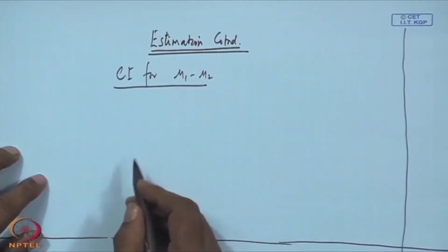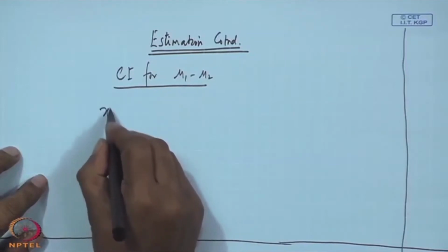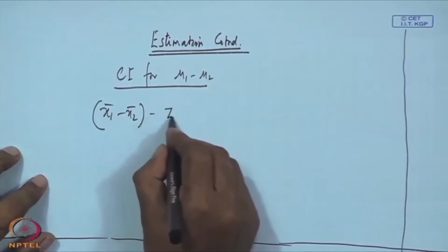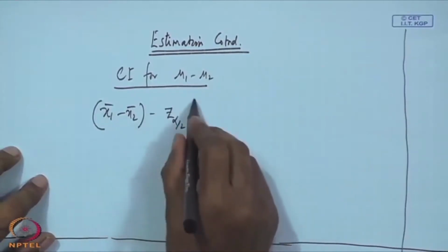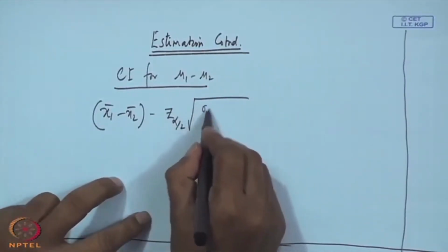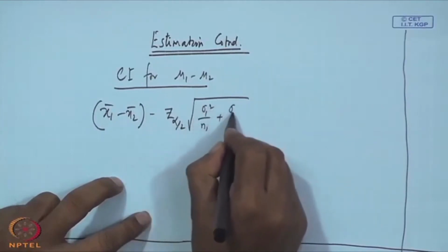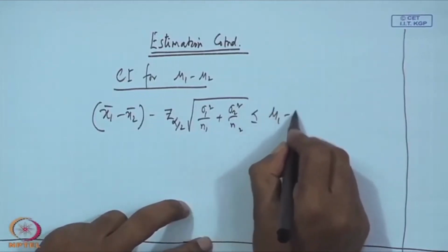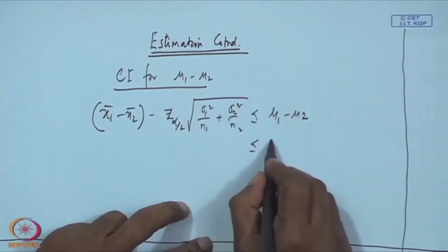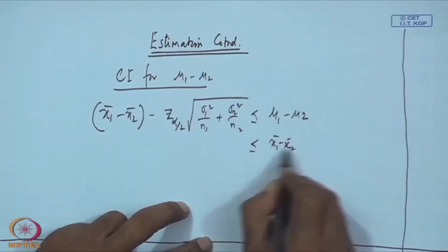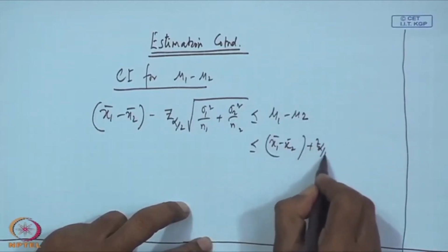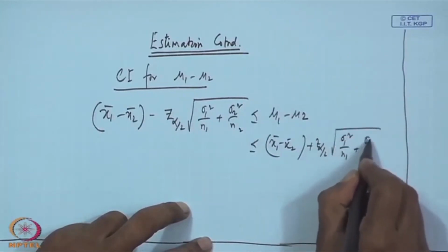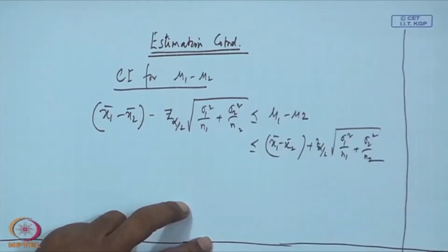We used this formula: x1 bar minus x2 bar minus z alpha by 2 times the square root of sigma 1 square by n1 plus sigma 2 square by n2, less than or equal to mu1 minus mu2, less than or equal to x1 bar minus x2 bar plus z alpha by 2 times the square root of sigma 1 square by n1 plus sigma 2 square by n2.